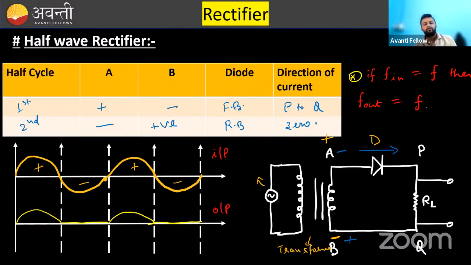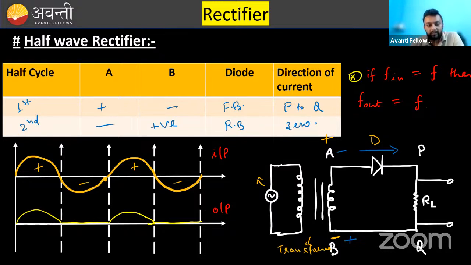This is the punchline that you should remember. If the input signal has a frequency f, then the output signal will also have a frequency f. Mark this. This is the most famous question of rectifier, of half wave rectifier, I think.